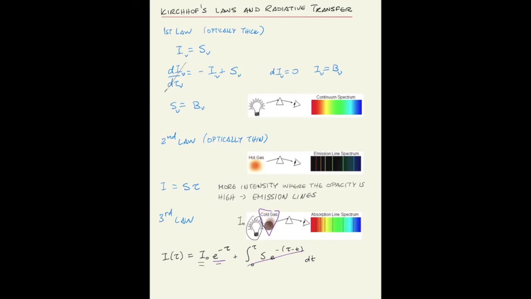So you have the lamp that is a Planckian and the absorption. And that is your intensity in the third law. The intensity is a Planck continuum lowered where the optical depth is high, where the opacity is high. Therefore, we're going to see absorption lines. In the next video, let's see the formation of the continuum.